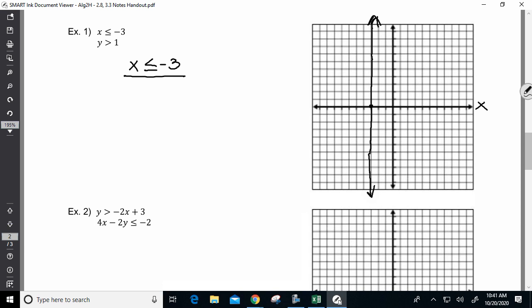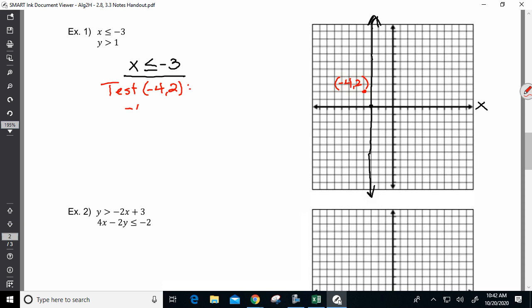Now we pick a point to test. Somebody give me a point to test. Pick whatever you want. All right, -4, 2. So this is the point we're going to test. Again, I don't care what you pick.